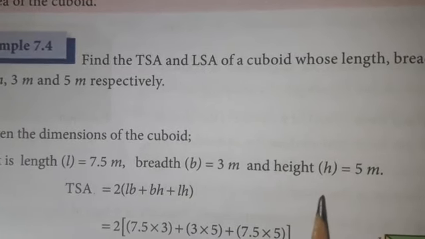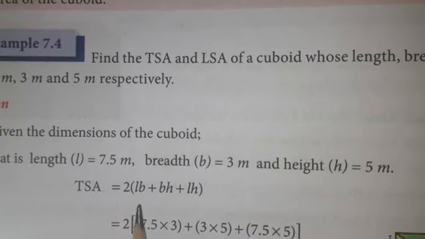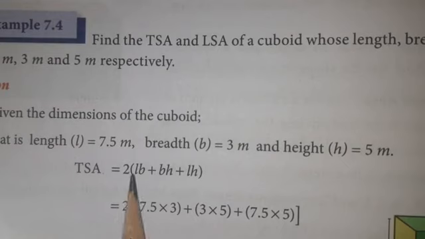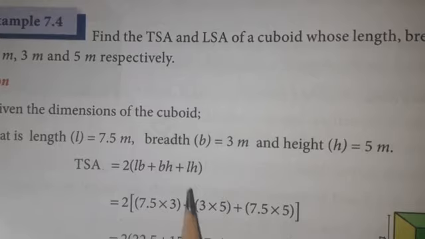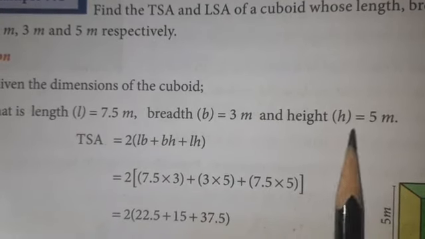They are asking to find the TSA and LSA of the cuboid. First, TSA of a cuboid is equal to, the formula is 2 into (LB plus BH plus LH), is equal to 2 into (L value 7.5 into B value 3, plus B is 3 into H is 5, plus L value 7.5 into H value 5).